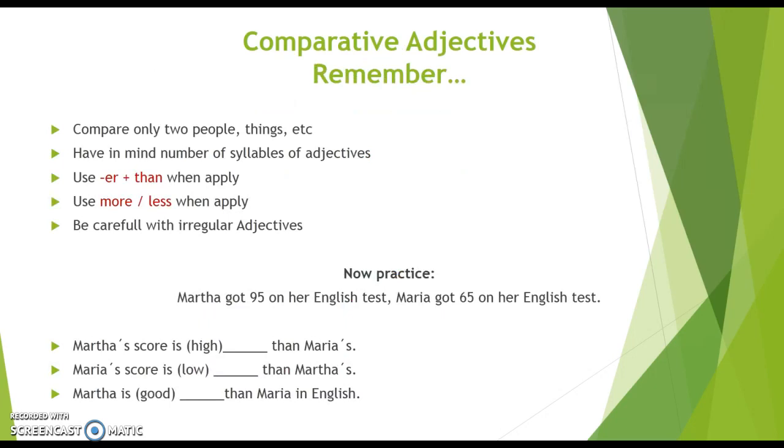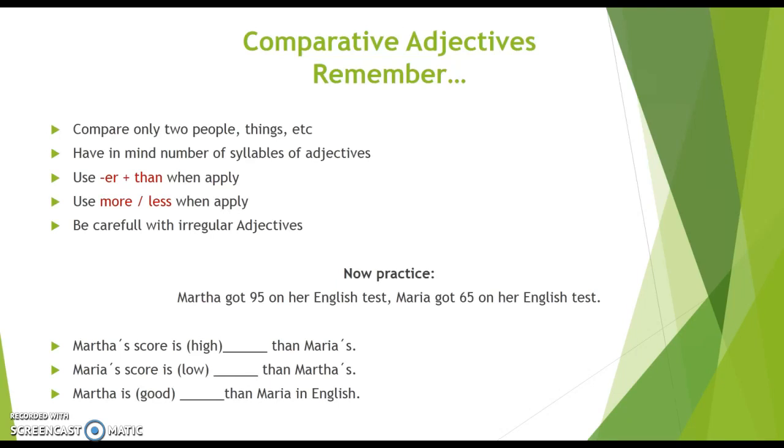Finally, remember these aspects. Compare only two people or two things or two situations or two animals when you use comparative adjectives. Okay, only 2. Keep in mind the number of syllables, because it gives you the idea of how to transform the adjective into a comparative.